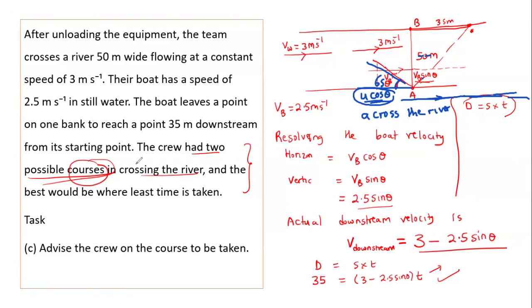Since they wanted us to prove for the two possible courses, they were indirectly asking you to check for the shortest time and the quickest time. So they were asking two parts in one. So it was case 2 and case 3, all inside the same thing.